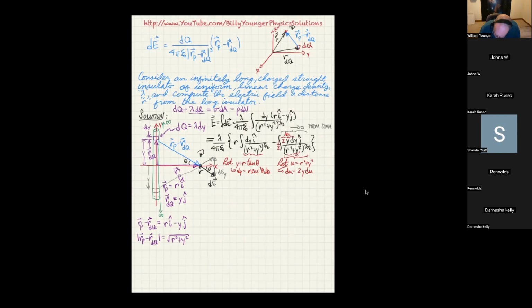I will continue from right here. I'll say lambda over 4 pi epsilon naught, curly bracket, r is going to be right here. Now, notice I have dy is going to be r secant squared theta. So now I got an r squared there instead of an r.